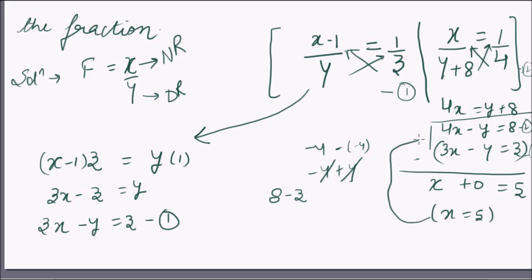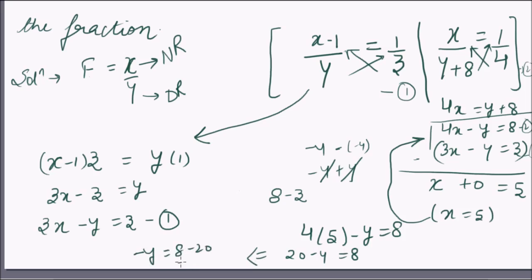Substituting the value of x in any equation, say second, we get 4 into 5 minus y equals 8, or 20 minus y equals 8. This implies minus y equals 8 minus 20, that is minus y equals minus of 12, which gives us y equals 12.